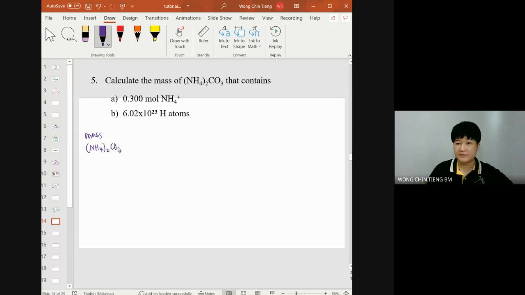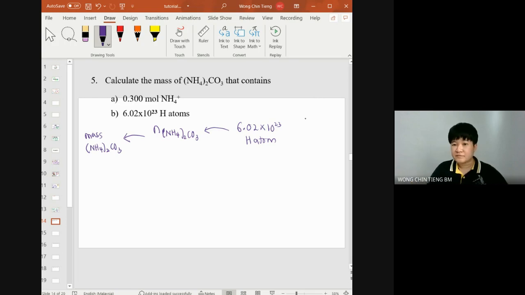Soalan masih nak mass. Bermakna mass ni kita masih perlu cari number of mole, alright? Number of mole of your ammonium carbonate. Tapi number of mole of this ammonium carbonate bukan daripada 0.3 mole dah. Benda ni kena datang daripada 6.02 times 10 to the power of 23 hydrogen atom.